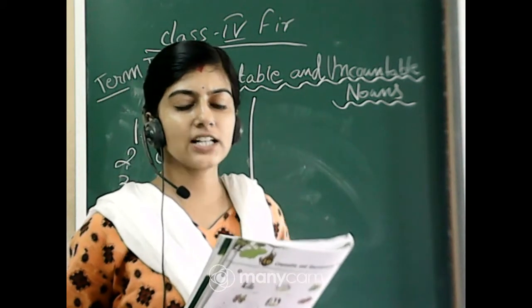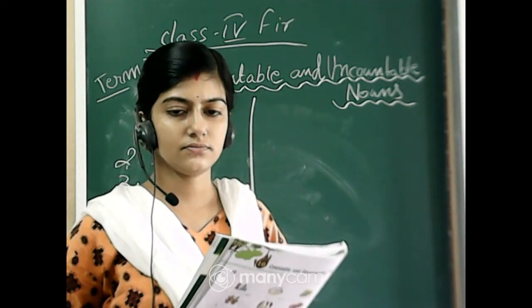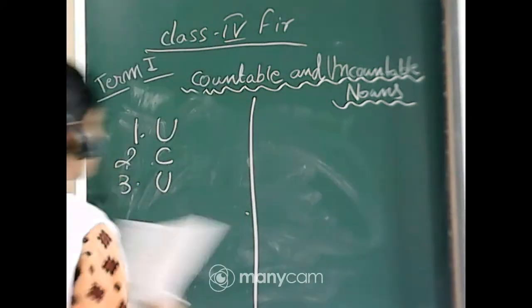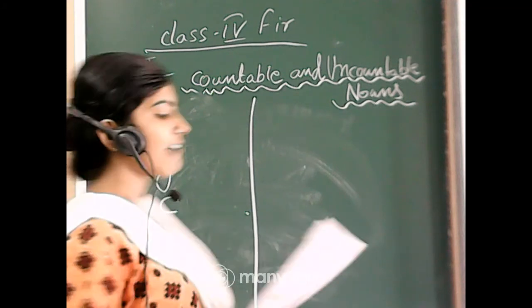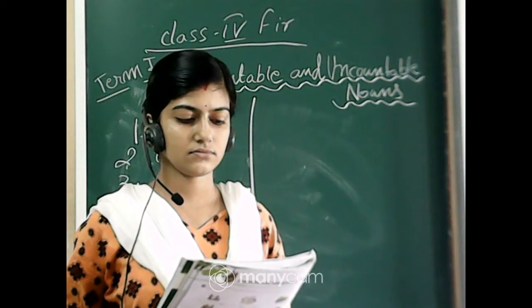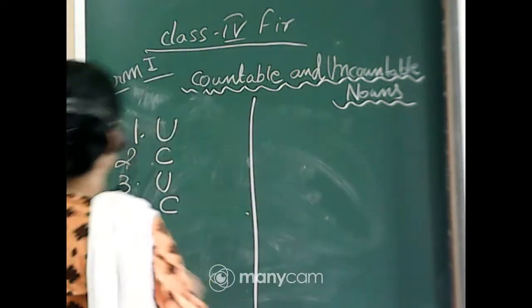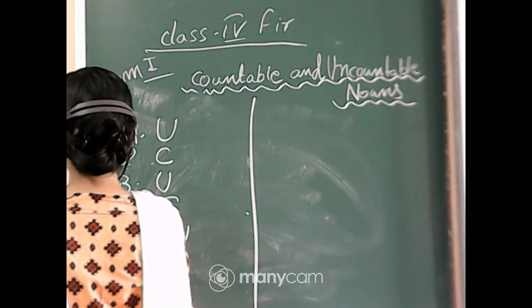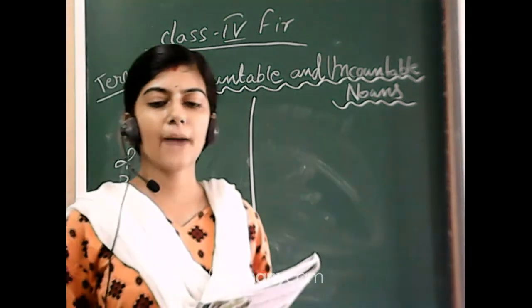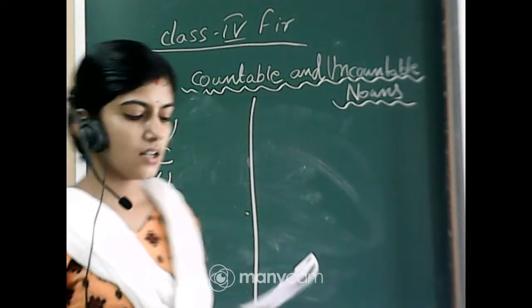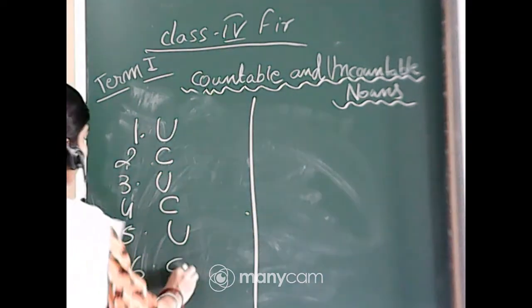Number 4, bottle. Can you count a bottle? Countable noun. Number 5, gold. Write down U. Number 6, ring. Countable. So write down C.